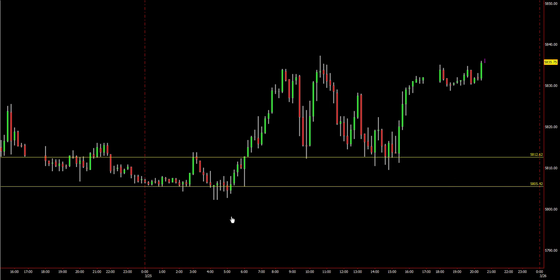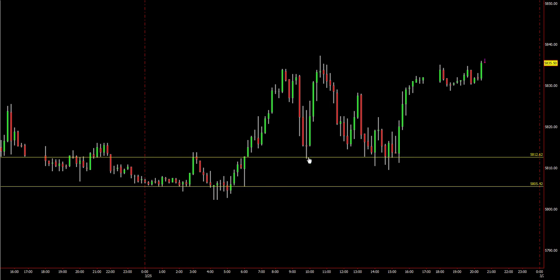And once we see this, we know that we can take a trade. How do we enter the trade? We can explain that. Now we can see when the market comes back into these levels, they are being defended.